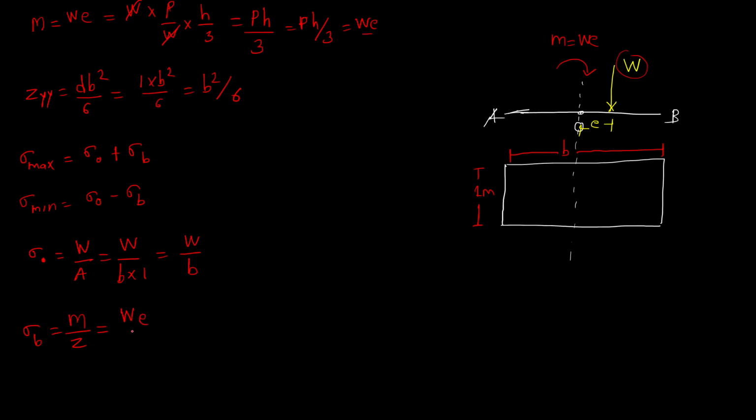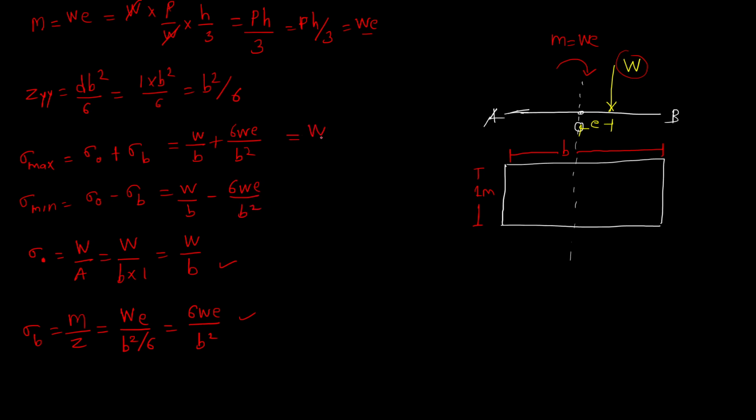We will take here W into E. Z value is B square by 6. So it will be 6WE by B square. So both we have got the values now. Substitute it here. W by B plus 6WE by B square. W by B minus 6WE by B square.